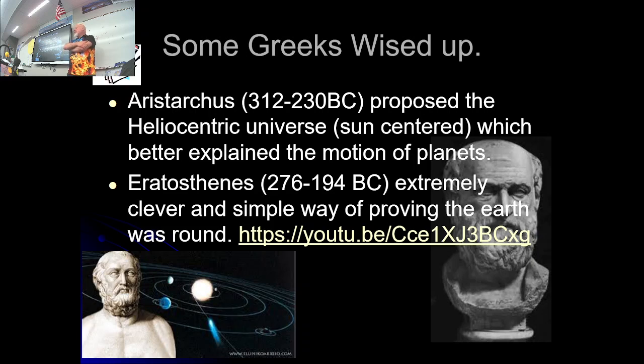Eratosthenes has a friend that lives really far south of Alexandria in a town called Syene. His friend writes a letter to him and says, once a year, the sun shines all the way down to the bottom of the wells.